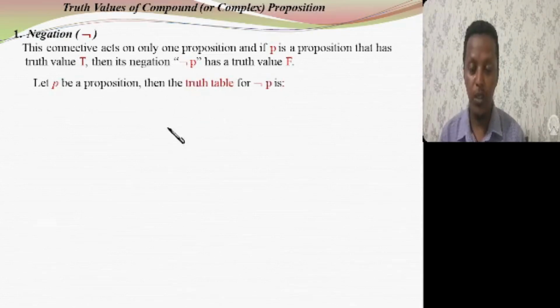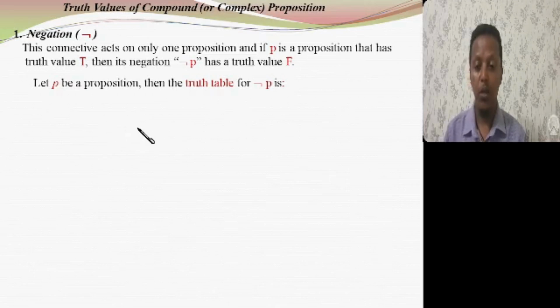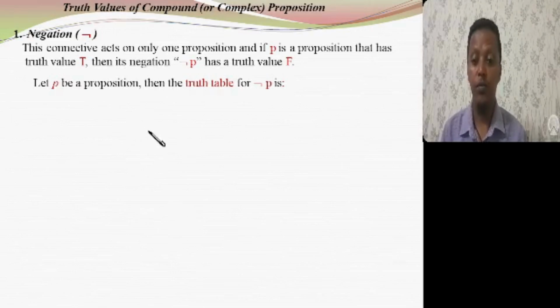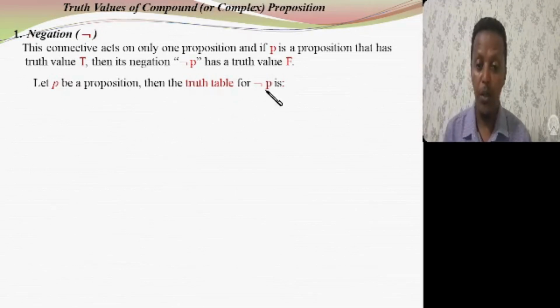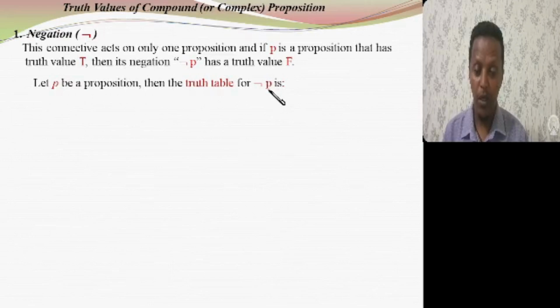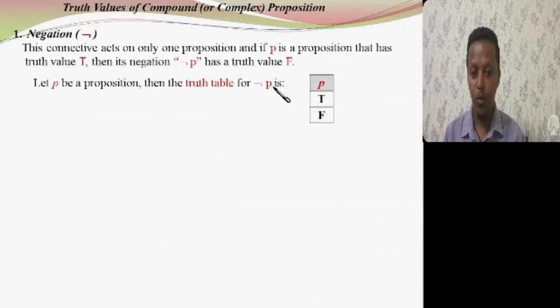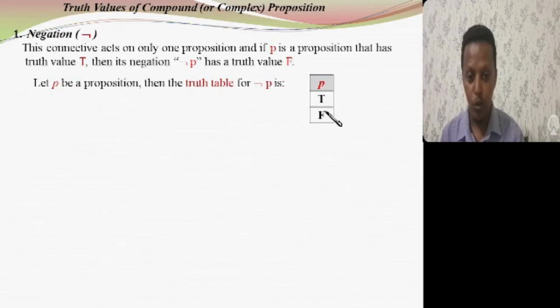A truth table is a table that shows the possible logical combinations in the truth values. So for negation P, we have only 1 proposition P. For 1, how many possibilities? 2. Because if P is a proposition, it is a sentence that is either what? True or what?